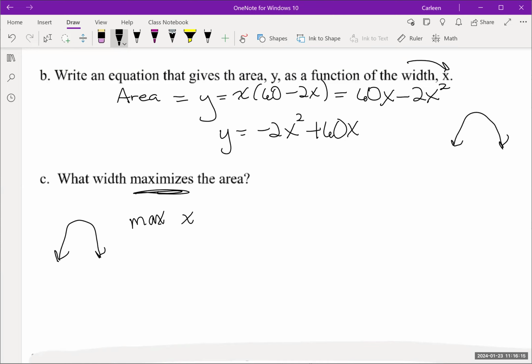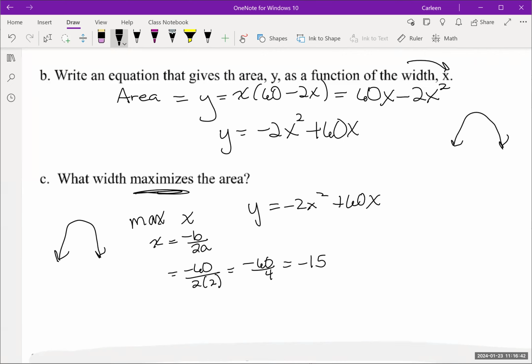I'm gonna find the vertex. So the x value is negative b over 2a. Y equals negative 2x squared plus 60x. So equals negative 60 over 2 times negative 2, which is negative 60 over negative 4, which is positive 15.